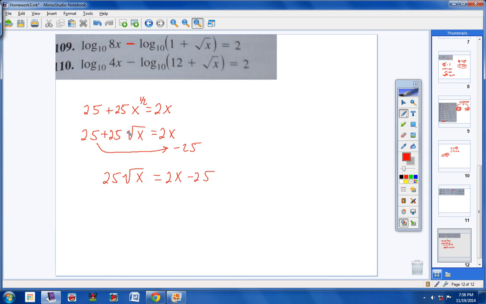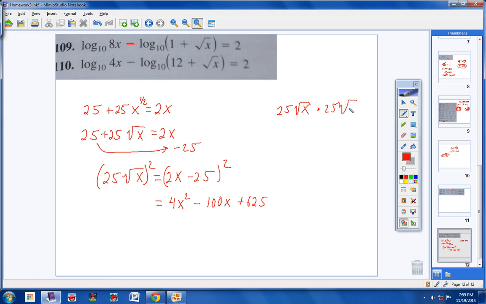Now, when we square this side to get rid of the square root, we have to square this side over here. Now, when we square this side here, we're going to get 4x squared minus 100x plus 625. Okay? Now when I square this side over here, I have 25 square root of x times 25 square root of x.